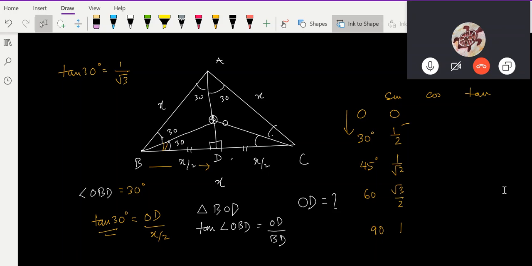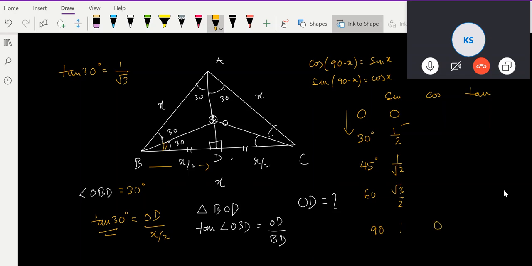Now, once we know the sine values, can we find out the cos ones? Yes, because it's 1 minus those. So 90 minus that. That means whatever is the value of sine 0 will be the value of cos 90.